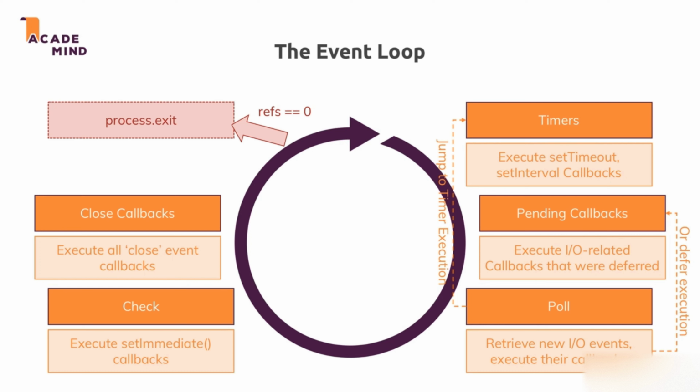And since in a server environment, we create a server with create server and then listen to incoming requests with listen, this is an event which never is finished by default. Therefore, we always have at least one reference. And therefore, we don't exit in a normal Node web server program.